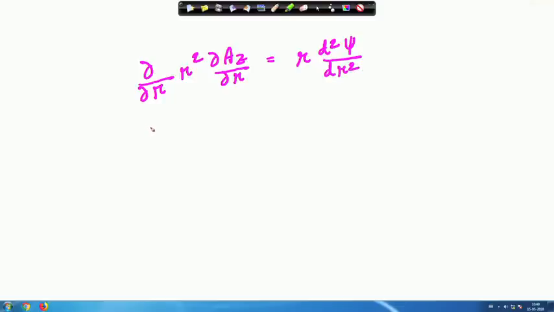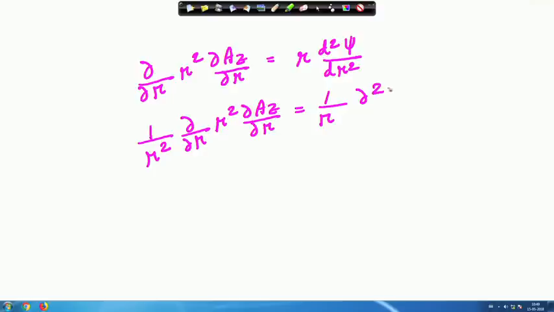So, we can say that this 1 by r square del r square del S del r, that will be 1 by r, sorry, it is d square phi dr square. So, this we have got one part.